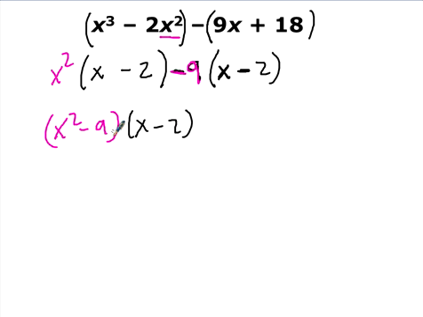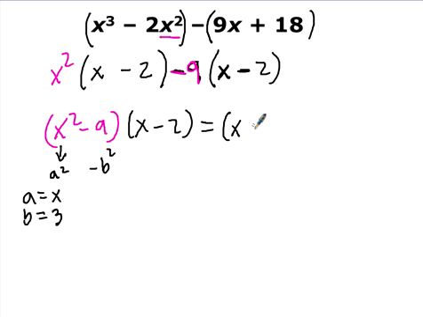Again, x squared minus 9, that's a difference of squares. So this is like a squared minus b squared, where our a equals x and our b equals 3. So we can rewrite this whole thing as x plus 3 times x minus 3 all times x minus 2.